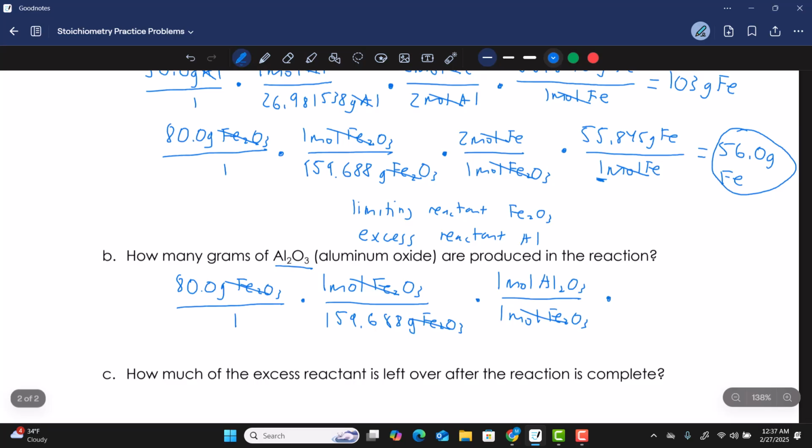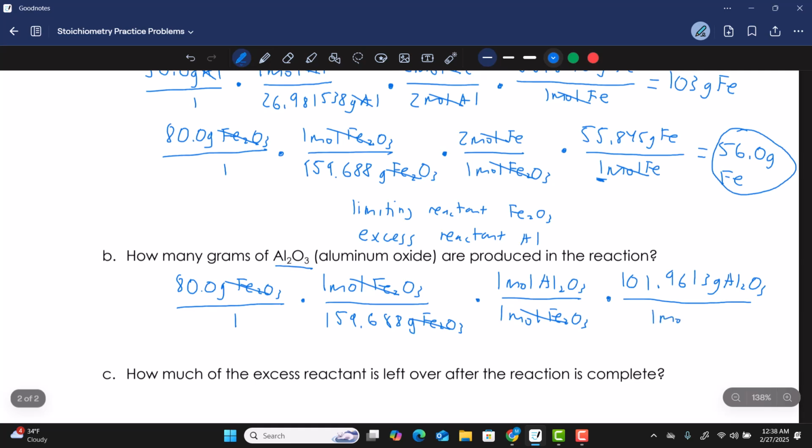So it'd be 2 times Al, which is 26.981538, plus 3 times 15.9994, which is 101.9613 grams of Al2O3.